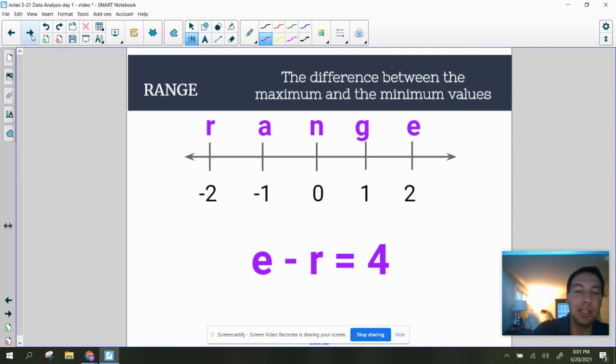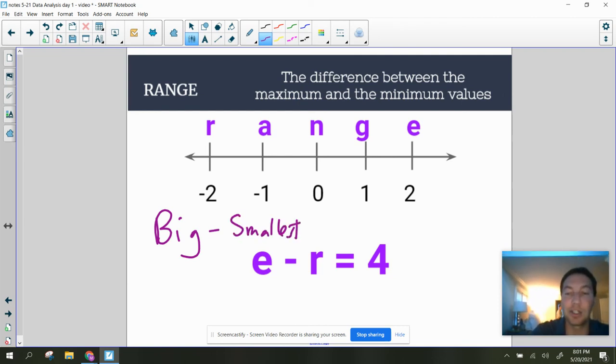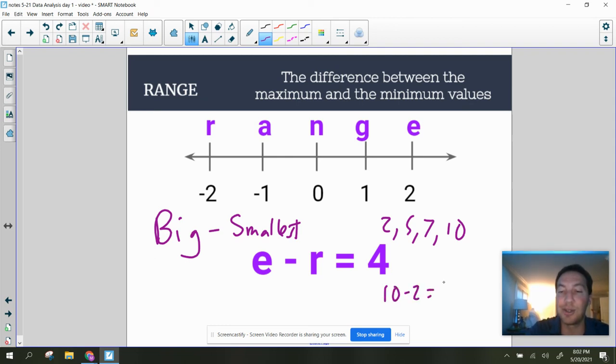All you do is take the biggest number and subtract the smallest number. If you've got numbers like 2, 5, 7, and 10, your range is just 10 minus 2, which is 8. Range is just the biggest number minus the smallest. Real easy, and that helps you measure the spread.